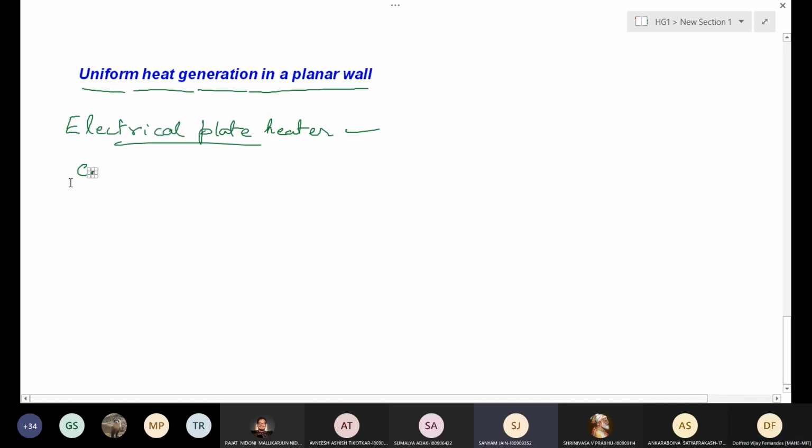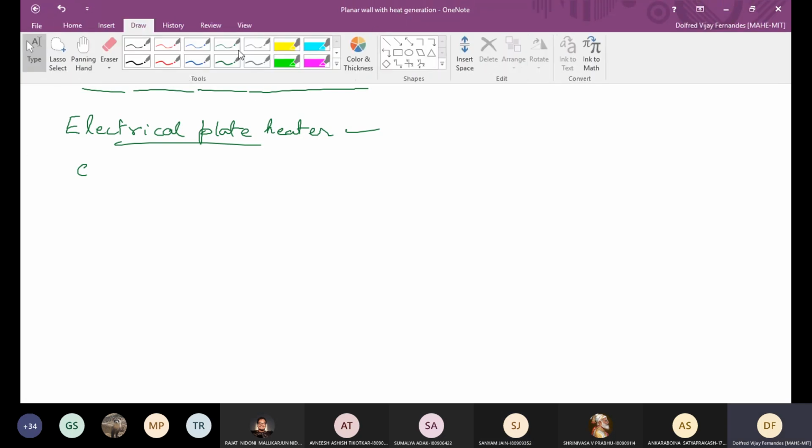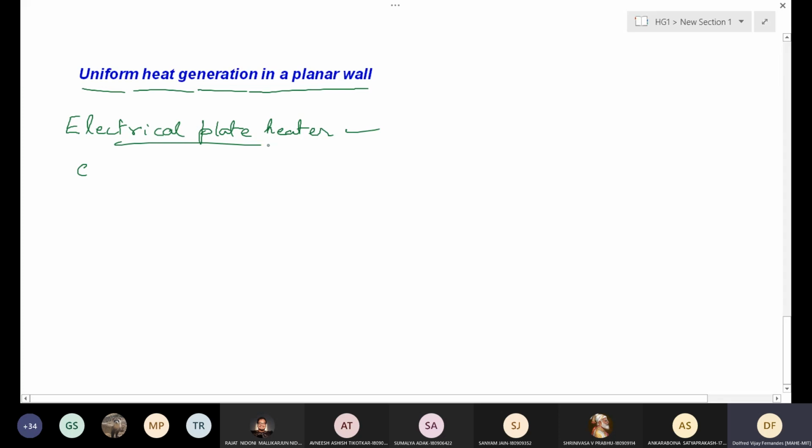Coils. Yeah. If some chemical reaction is going on in a wall, like an exothermic reaction, then we have heat generation in the wall, or like curing of concrete.